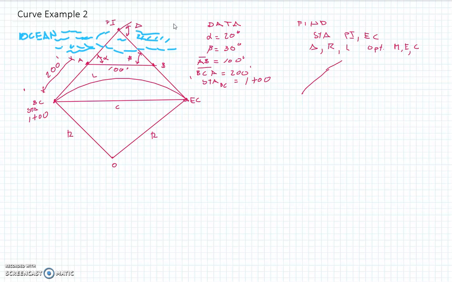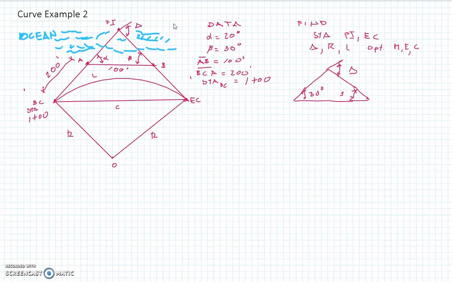First of all, you can see over here that this angle is delta, and you have this angle over here, which is 30 degrees, from here to here, and from here to here you have an angle of 30.